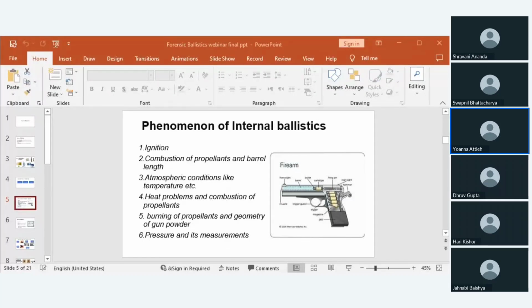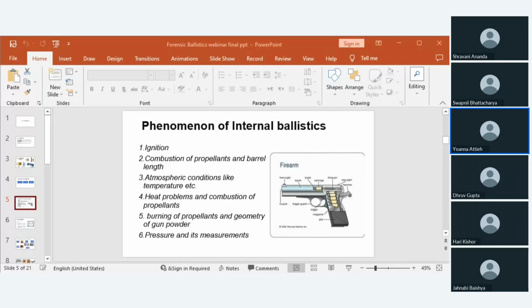Now, a third thing that also affects the combustion and pressure is the environmental factors. So, external factors such as temperature, humidity, altitude can significantly affect how efficiently the propellant burns.